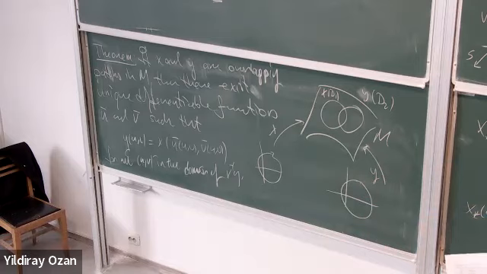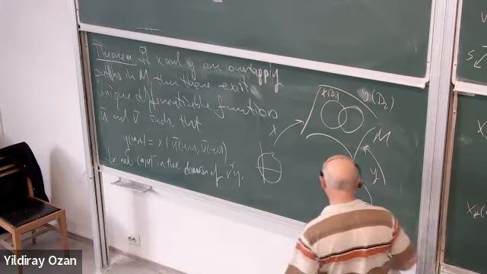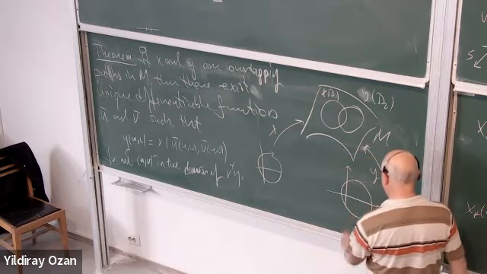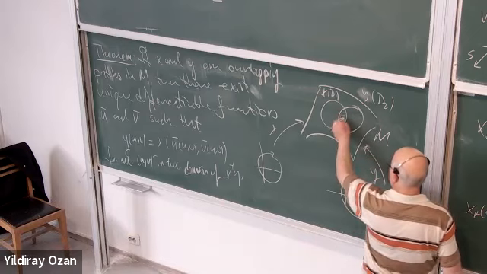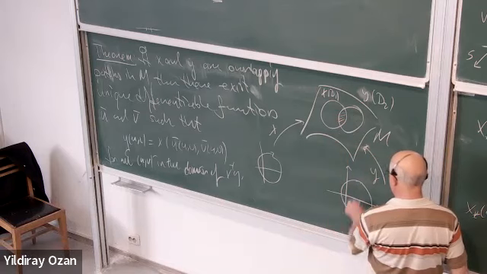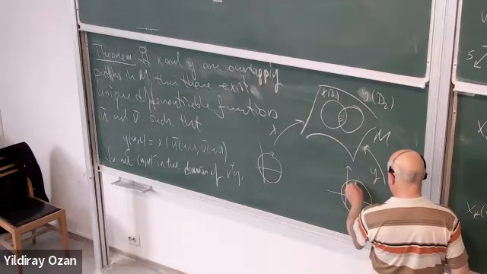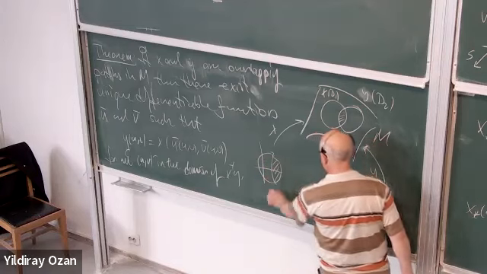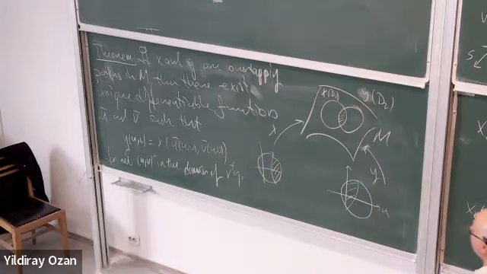What does this tell us? If you have any point, let's say the coordinates are u and v, in this common region, it corresponds to this one.